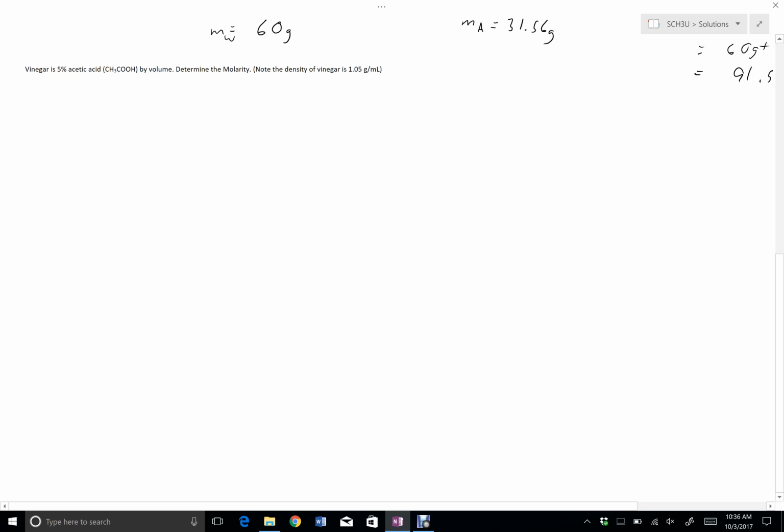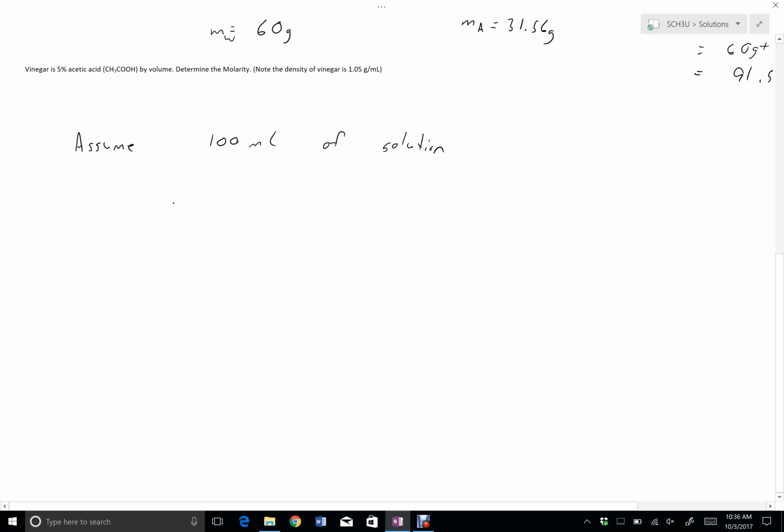Vinegar is 5% acetic acid by volume, determine the molarity. So again, with this, concentration doesn't depend on the amount of solution I have. So the first step here again is going to be to assume a certain amount. I'm going to assume 100 milliliters of solution.